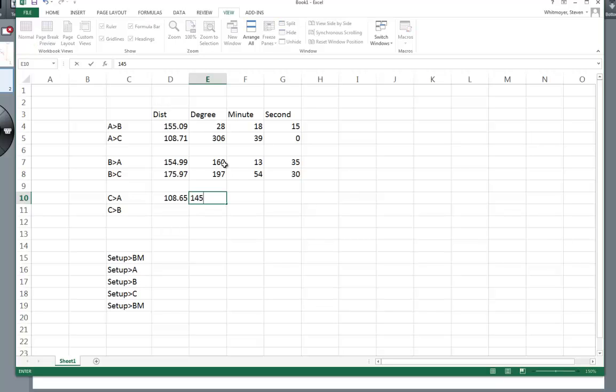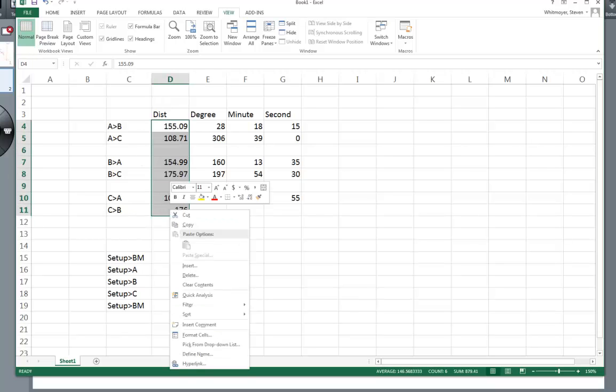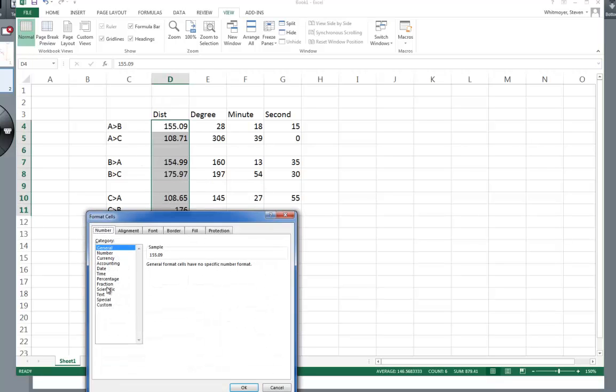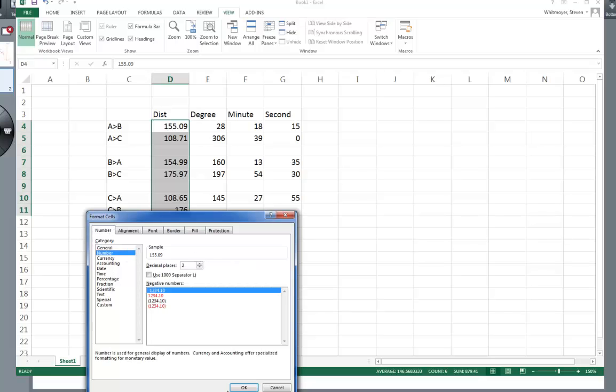We have 145.22.55. I think that's 27. Handwriting sucks. And 176.00. All these are to 2 decimal places, so you can come in here, format cell, number.